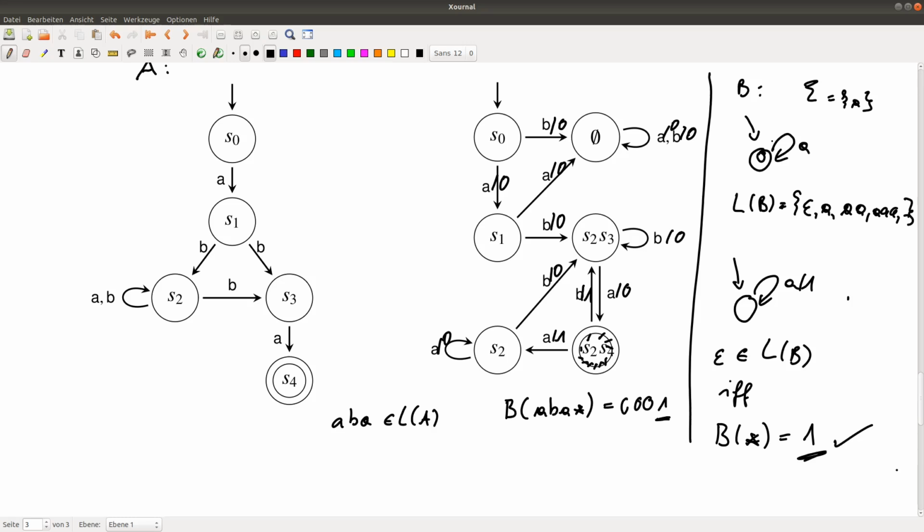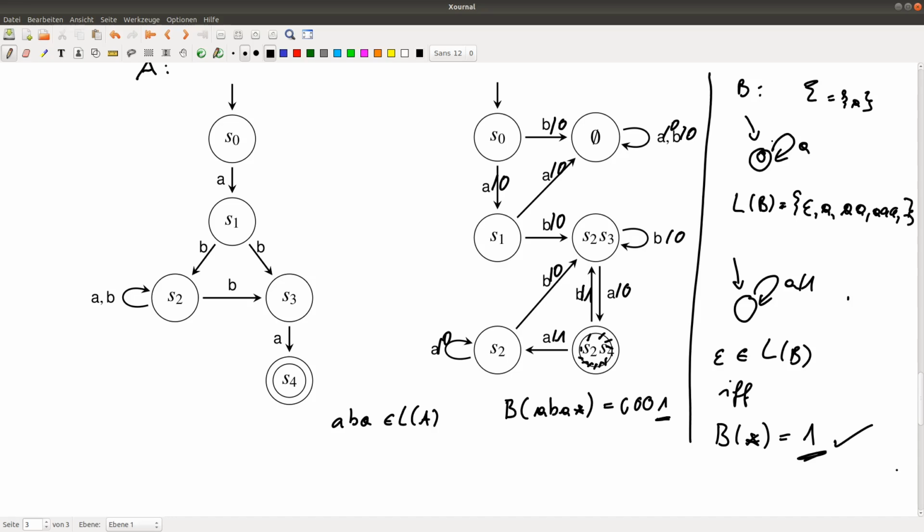Okay, so with this I would like to conclude this lecture and finish this short introduction on finite automata, where we discussed acceptors that can be used to decide if a word is in a language or not, and transducers, which can also produce output words.